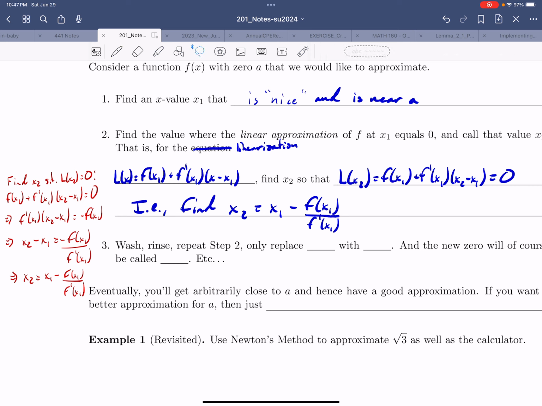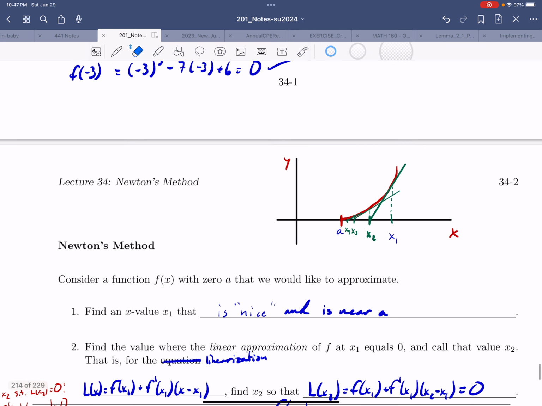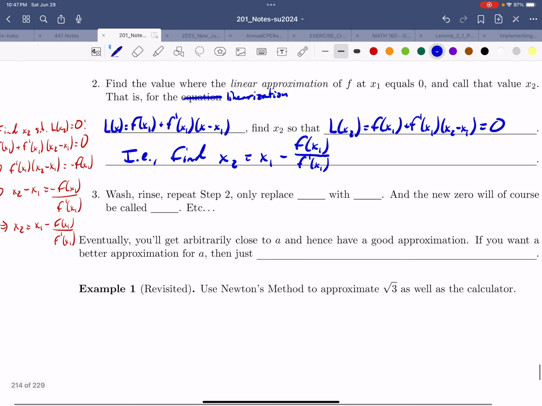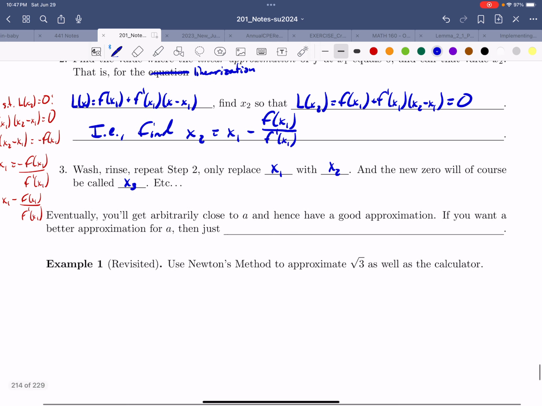And so that's how we found x2. But then if we want to find x3, we just do that all over again. Replace x1 with x2, and then replace what was x2 with x3. And we just keep doing that as many times as we want until our approximation is as good as we want it to be. Eventually we'll get arbitrarily close to a.